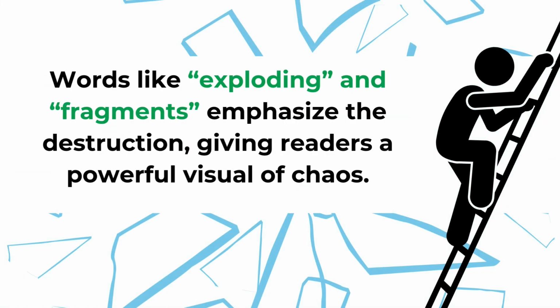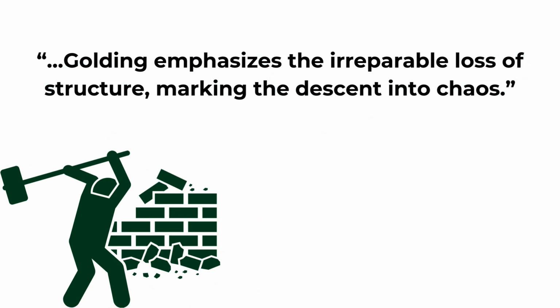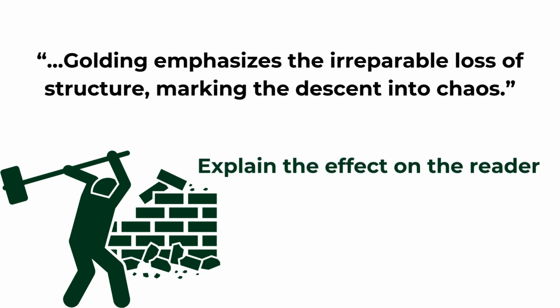Words like exploding and fragments emphasize the destruction, giving readers a powerful visual of chaos. Golding emphasizes the irreparable loss of structure, marking the descent into chaos, explains the effect on the reader here. The shattered conch suggests there's no going back to order. It's a clear shift from civility to chaos, just like a turning point in a movie where all hope is lost.